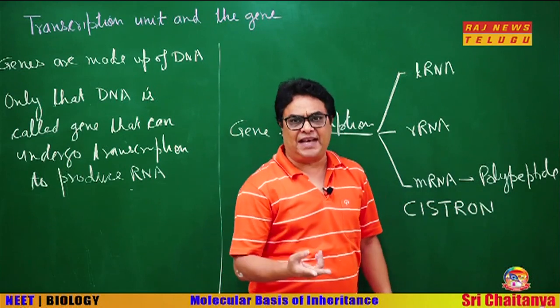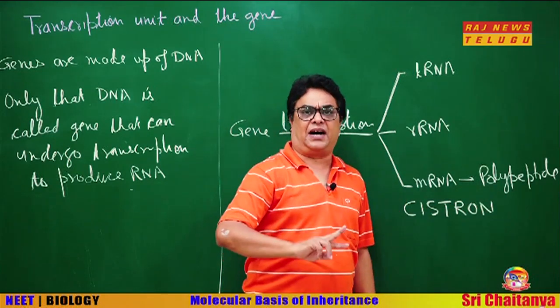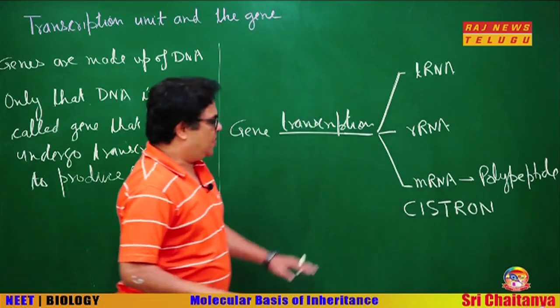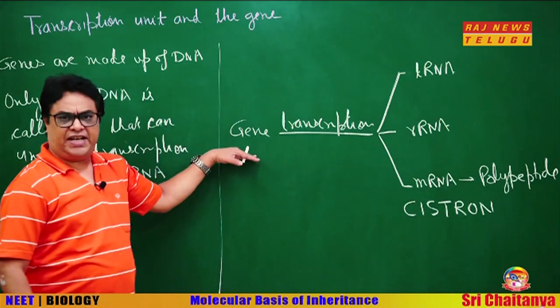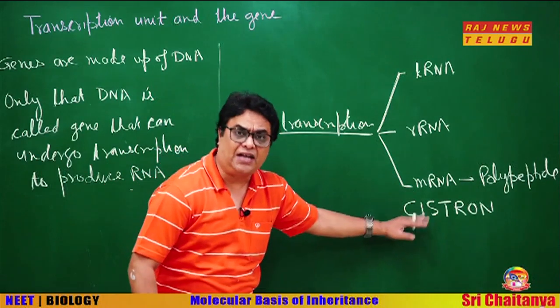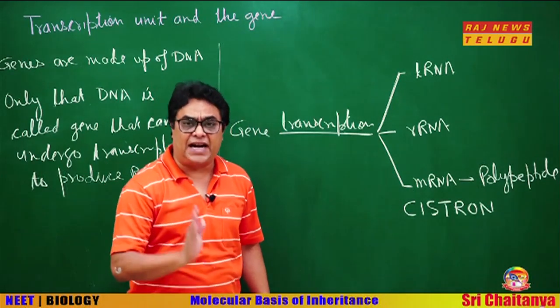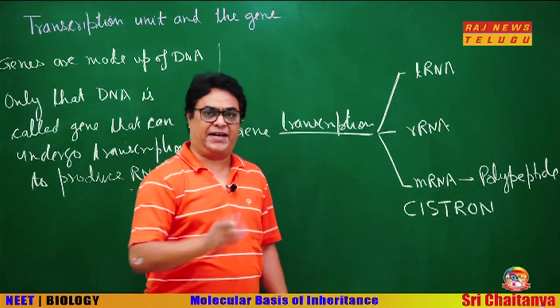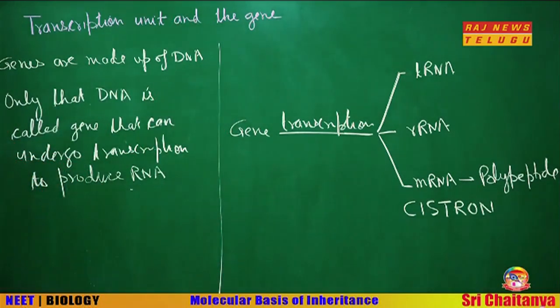So, two points I am saying: all genes are DNA, but all DNA are not genes. Second, all cistrons are genes, but all genes are not cistrons. Only that gene is cistron that can synthesize a polypeptide.